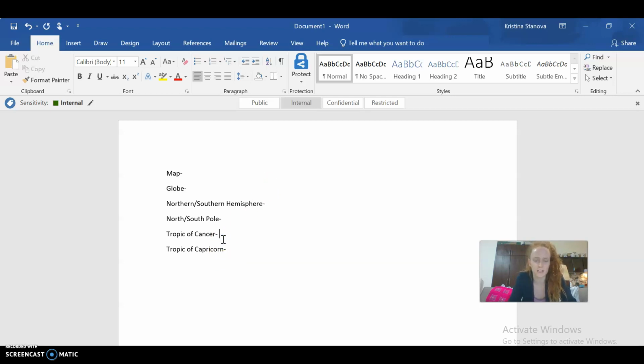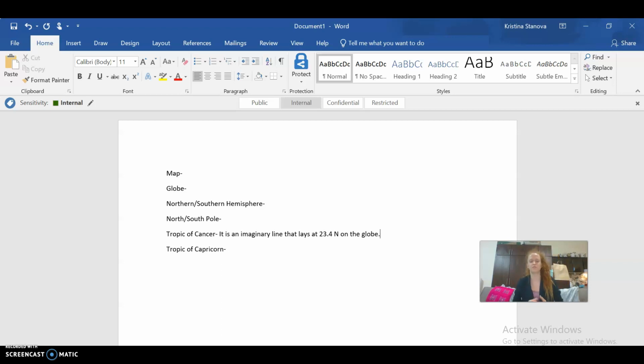For example, tropic of Cancer, I would write it is an imaginary line that lays at 23.5 degrees north on planet Earth, on the globe.